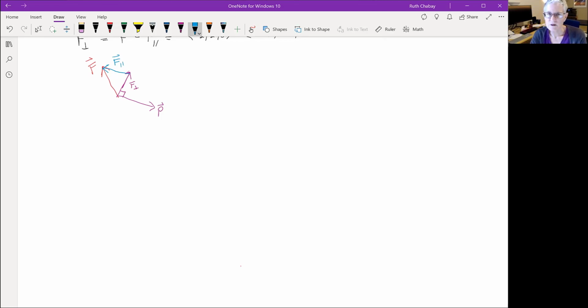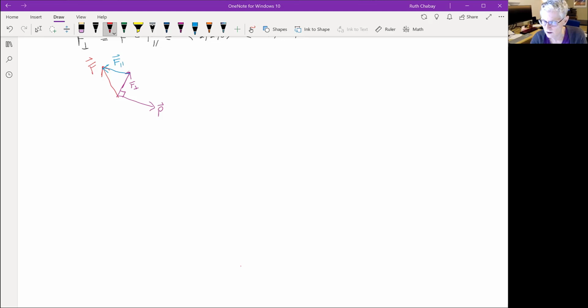And it's going to turn out to be a very important thing to do this, because this perpendicular piece is the piece that makes the momentum turn, and this parallel piece is the one that changes the magnitude of the momentum. So that's what we're trying to do. Well, that's our goal.